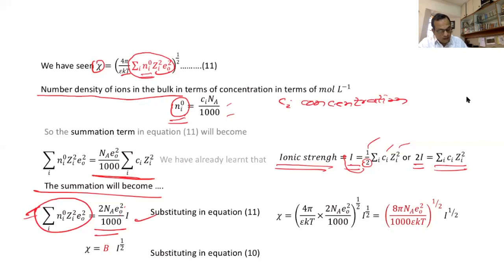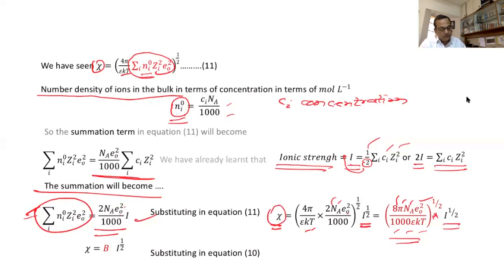So I get chi is equal to 4 pi epsilon kT, 2 N_A e0 square upon 1000 epsilon kT, raised to half, I raised to half, where I is basically the ionic strength. So we simplify it. What I get is 8 pi N_A e0 square upon 1000 epsilon kT, into I raised to half.